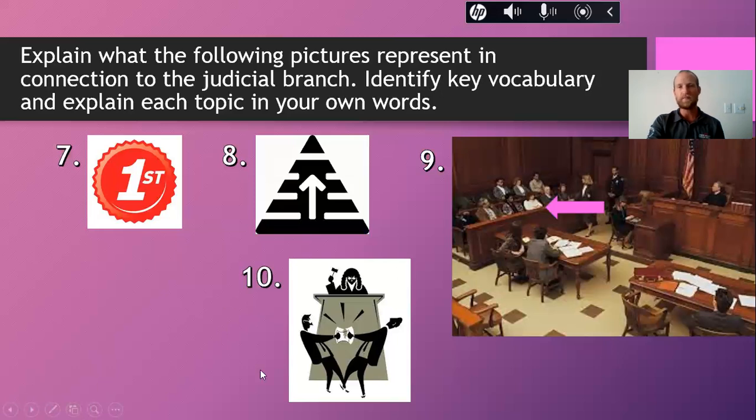Number 10, it's really vague, and you could have done a number of different things for this one. But what I was going for is these two guys having an argument or a dispute. And one of our vocabulary terms on the Article 3 worksheet was controversy. So controversy or dispute or argument is what I was going for.